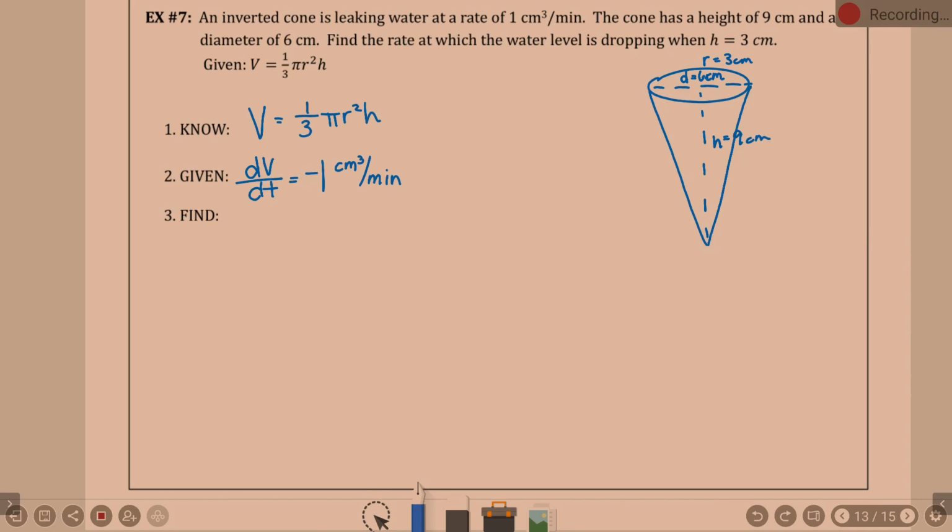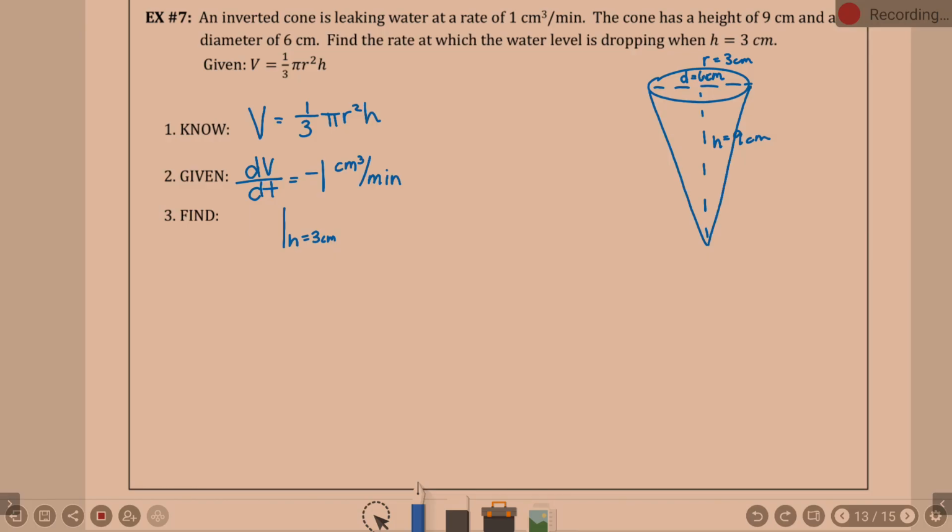And what do they ask us to find? Find the rate when the height is 3. Okay, what rate when the height is 3? Okay, so if we're finding the rate, so it's d something dt.